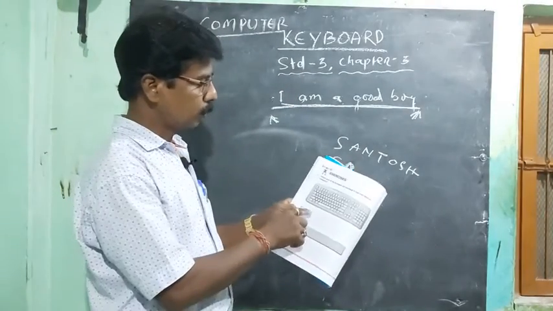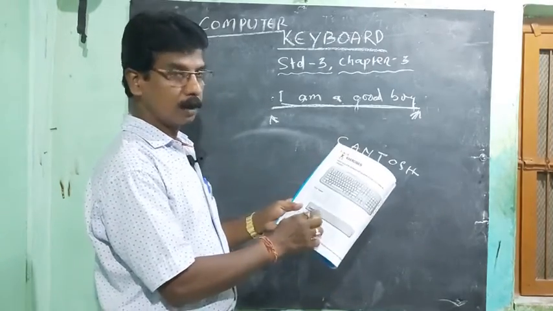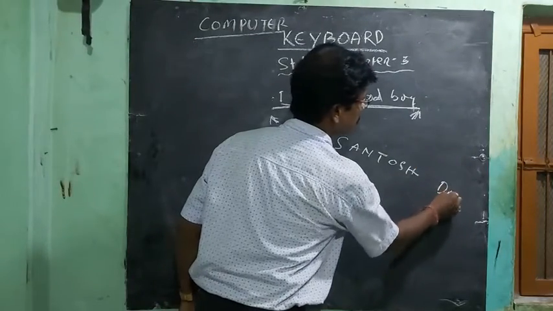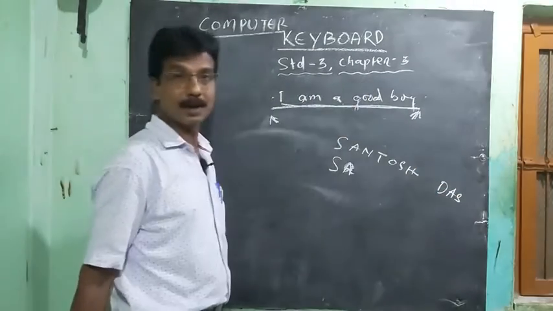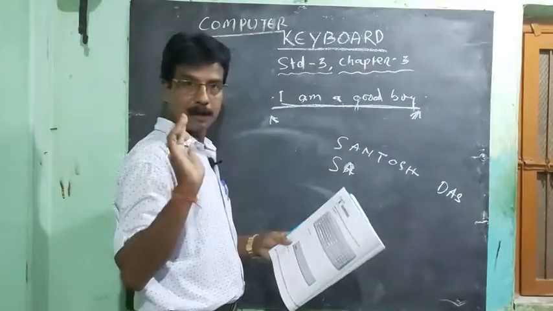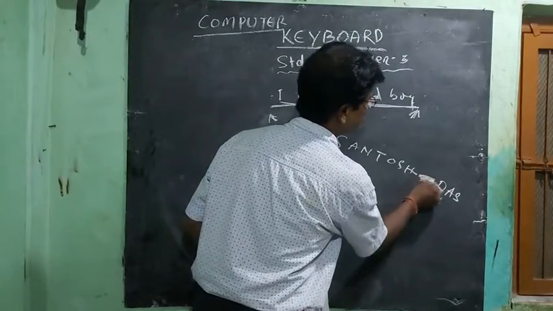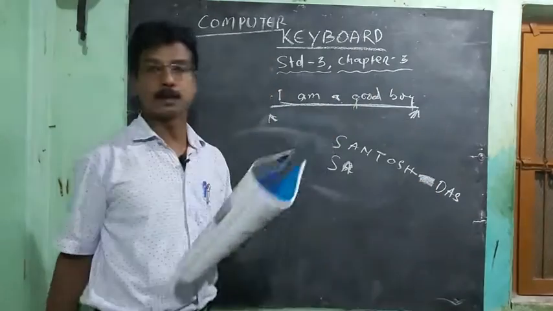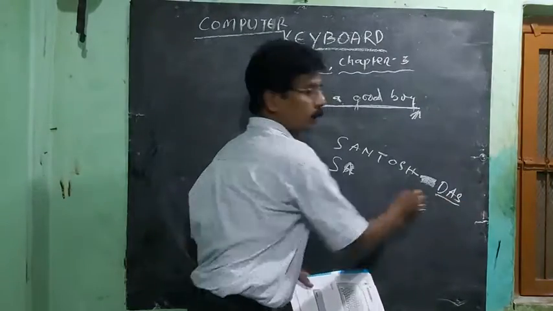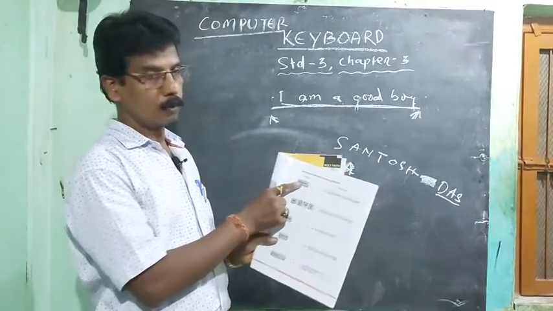Then the space bar means a gap. Suppose your name is Santosh Das. After typing Santosh, you press the space bar, which makes a gap, then you type Das, and it shows on your monitor.